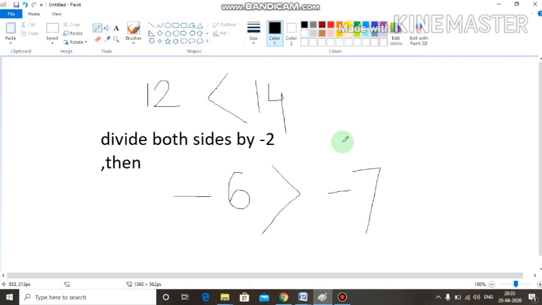The only difference is if we divide or multiply both sides of an inequation by a negative number, then the unequal sign will be changed.